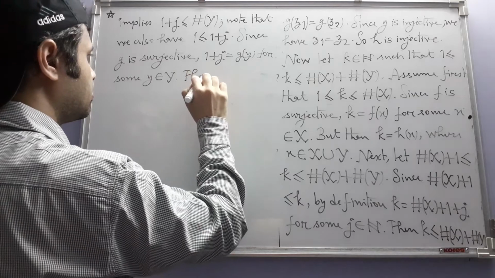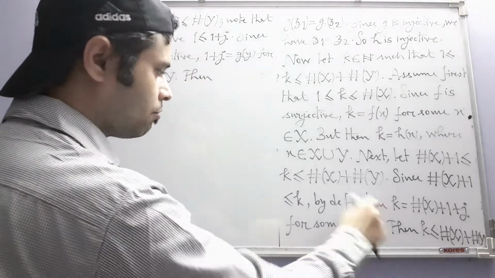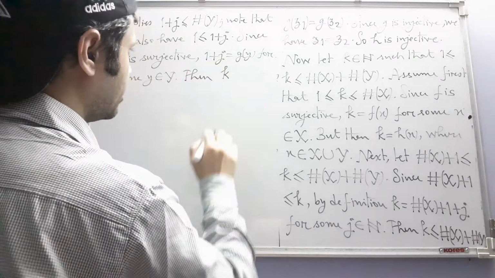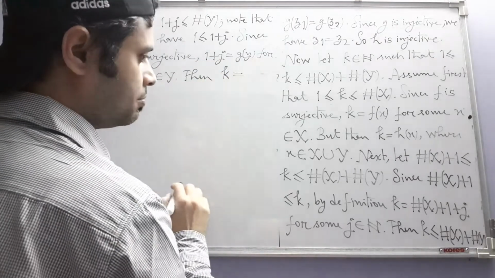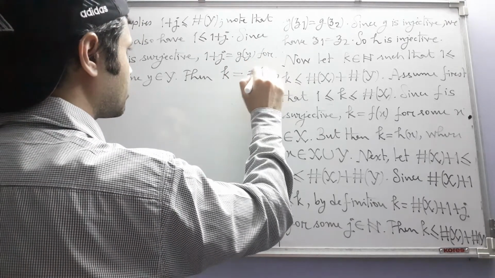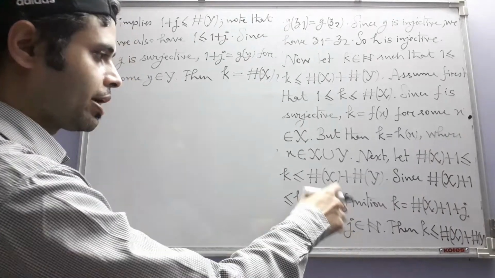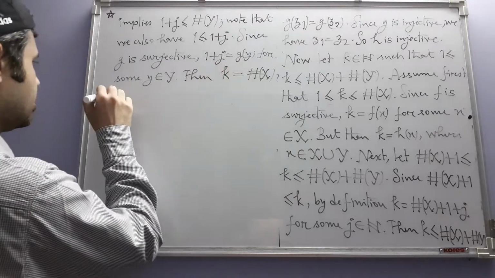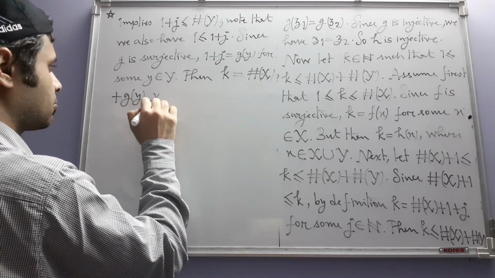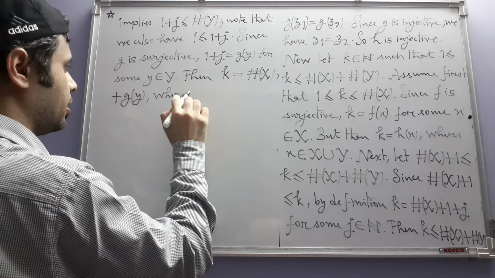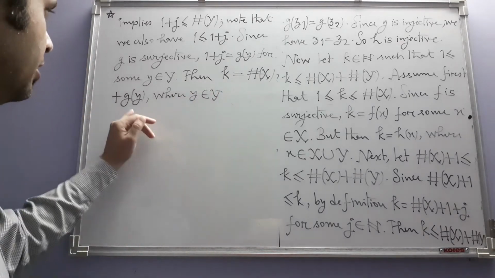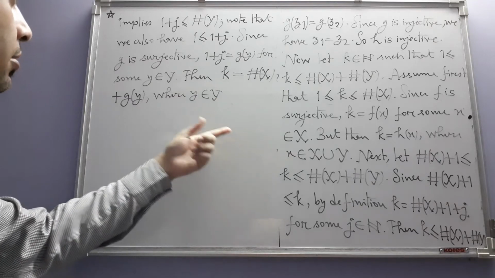Then what happens to K? Then K is equal to cardinality of X plus 1 plus J. In place of 1 plus J, now we can put G of y, where y belongs to Y. Now you go back to the definition of the function h.